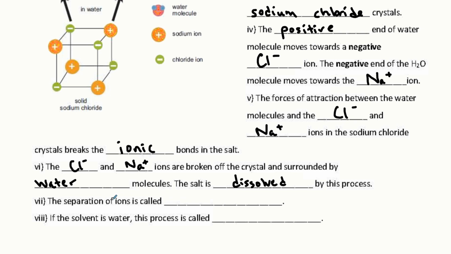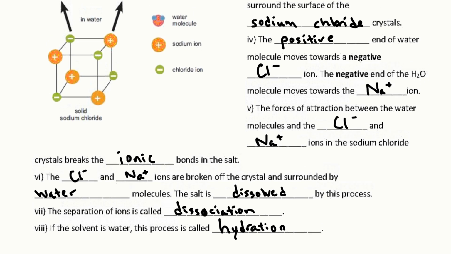And when those ions fully separate, we call this process dissociation. If the solvent is water, which often it is, this process is called hydration. We don't tend to use the word hydration very often. You'll more commonly hear this referred to as dissociation.